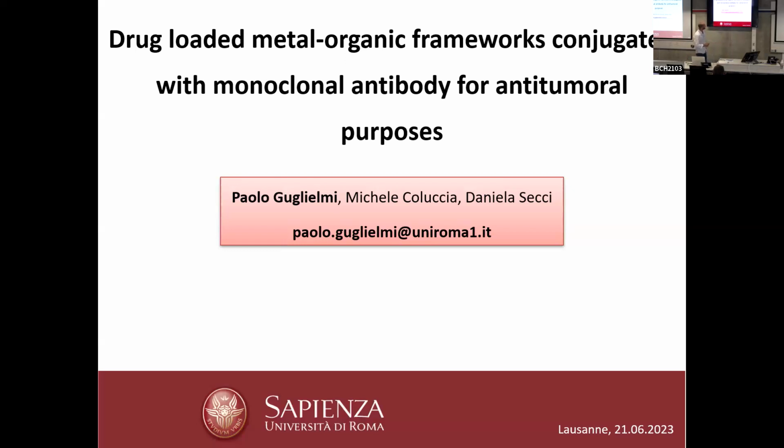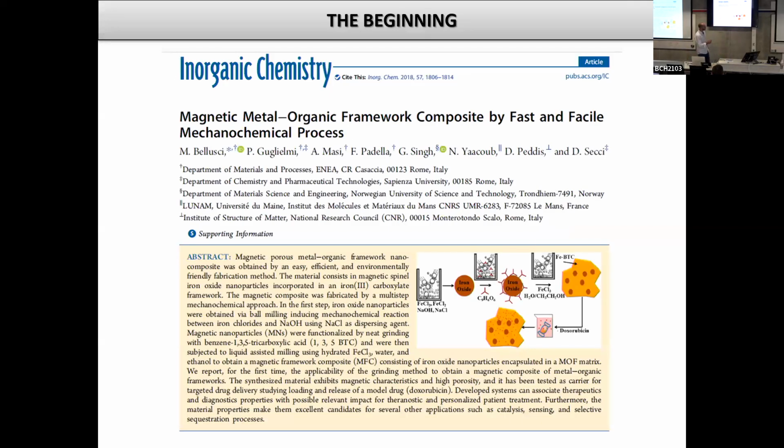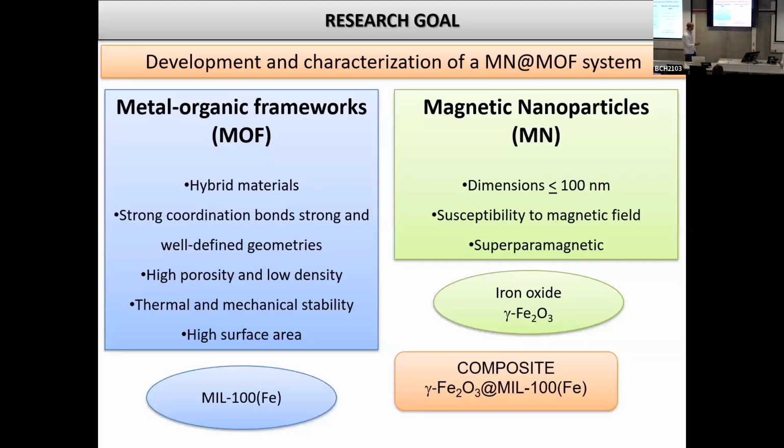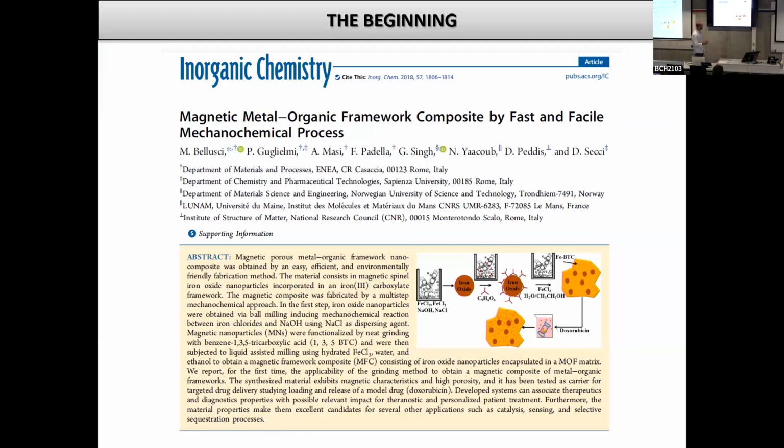Our experience in the use of metal organic frameworks as systems for drug delivery started a few years ago when we tried to develop a composite system composed of magnetic nanoparticles included inside the metal organic framework structure.